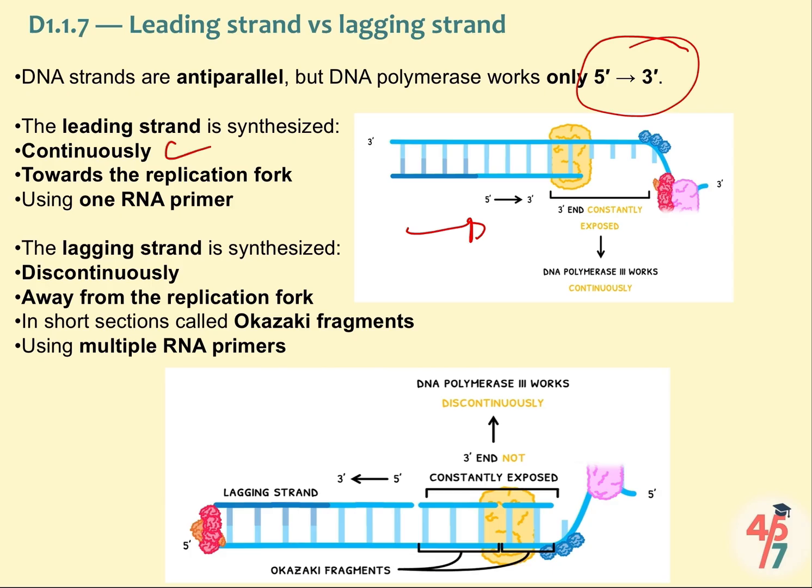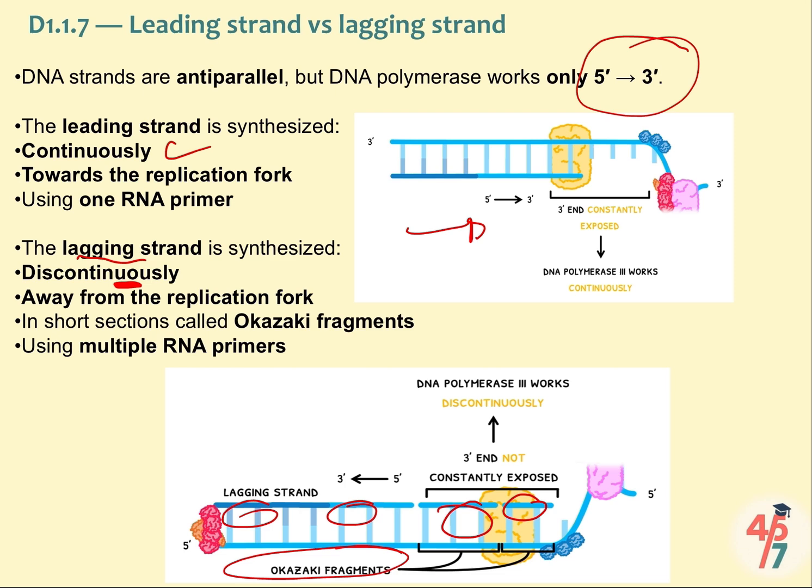The problem comes with the lagging strand, which is synthesized discontinuously because it points away from the replication fork. We have to build it in chunks, called Okazaki fragments, one by one. This synthesis is called discontinuous.